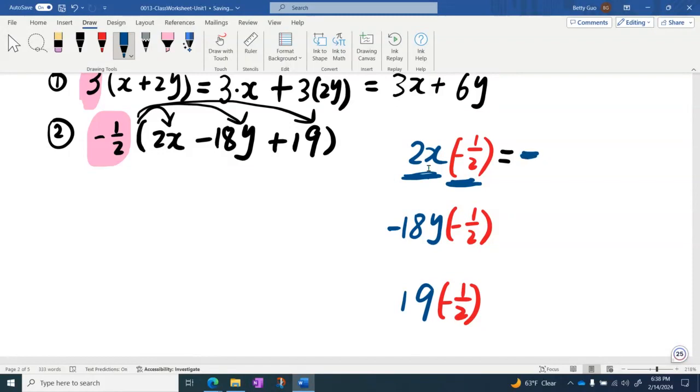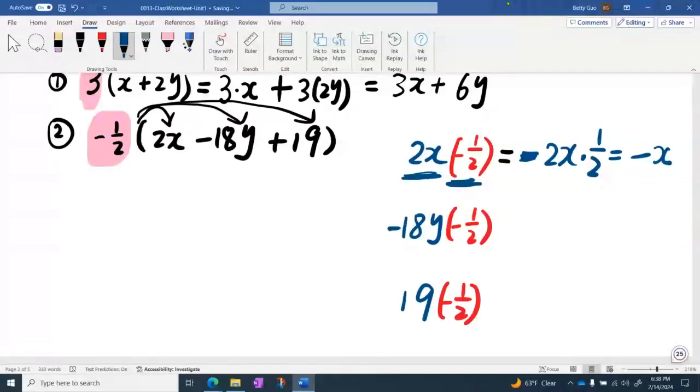And then we have 2x times half. When you multiply a quantity by half, you get a half of the quantity. What is half of 2x? 1x, right? But you still have the negative sign in front of it, so it's a negative x.